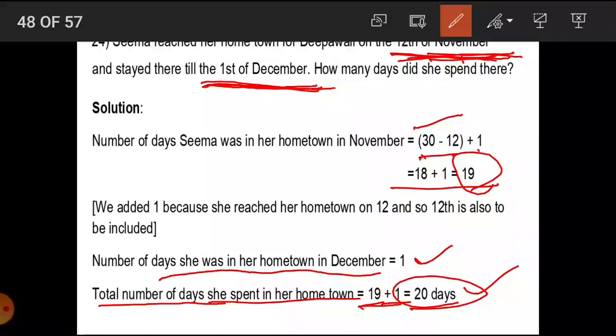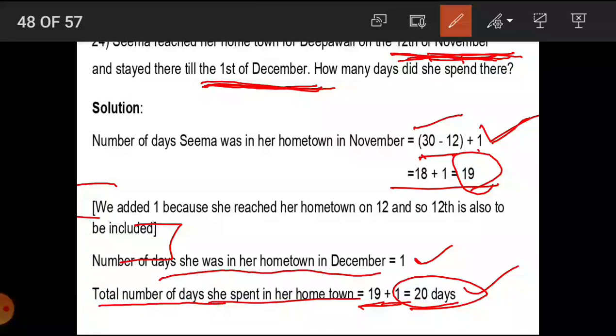For this, in the solution I have given you a simple note also, on why I have added 1. In the exam, there is no need of writing this note. This is only for your reference. We add 1 because she reached hometown on 12th and so 12th is also included.